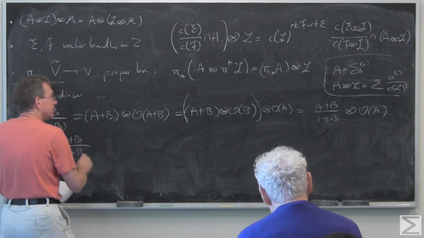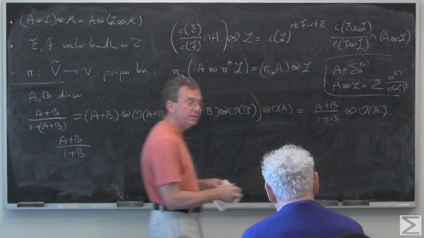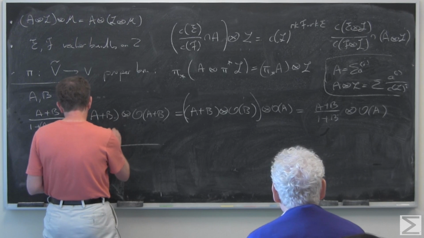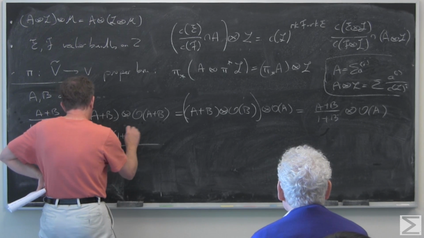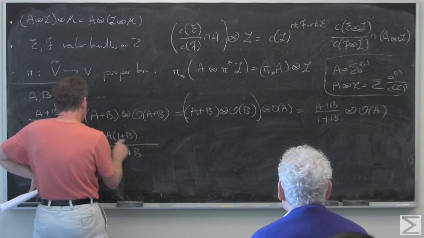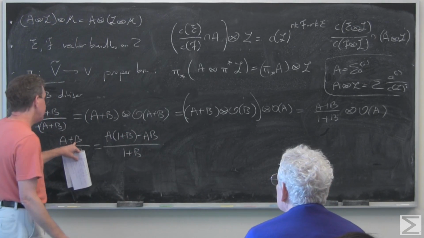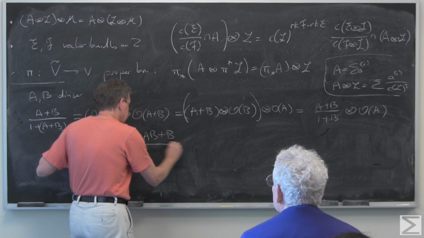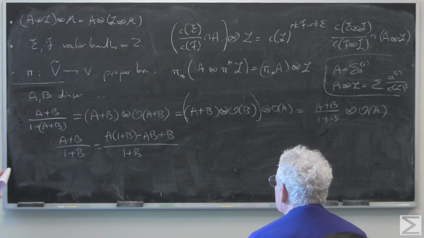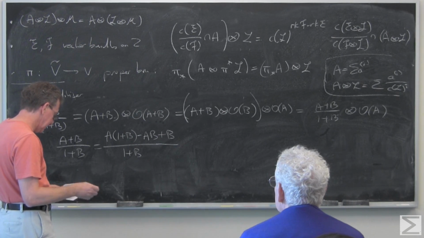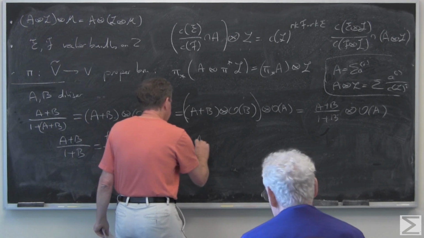So I have to say something about this term, A plus B over 1 plus B, high school algebra or elementary school algebra. So here I need to correct by that. I really feel I should apologize for the simple-mindedness of this. So forgive me.